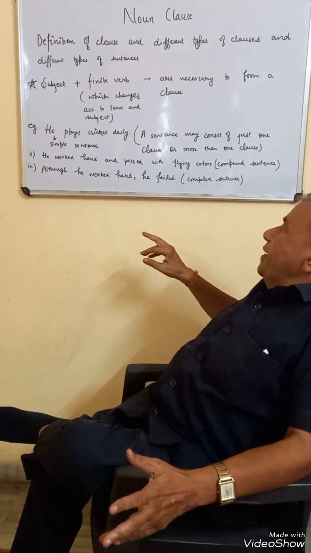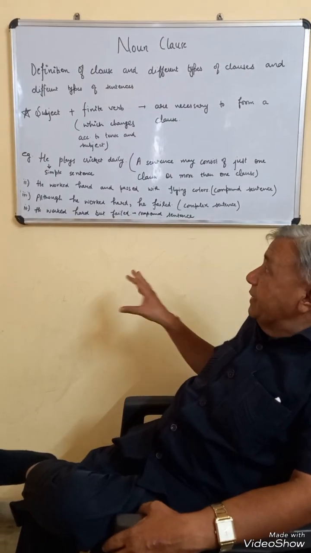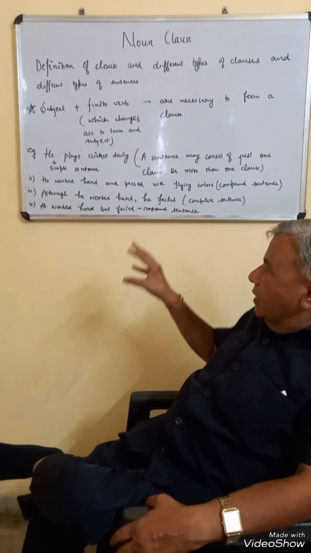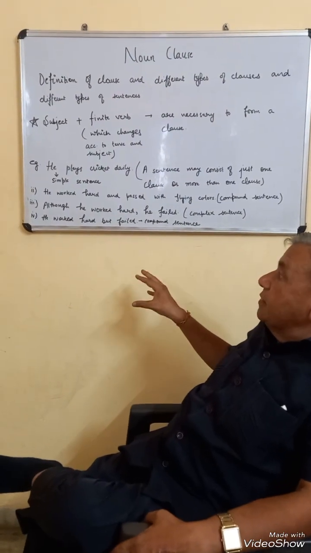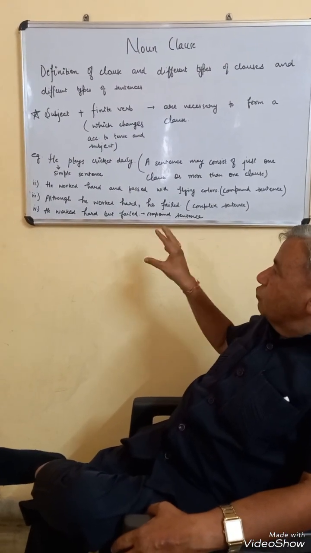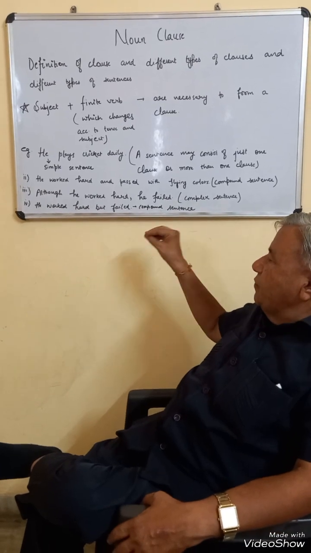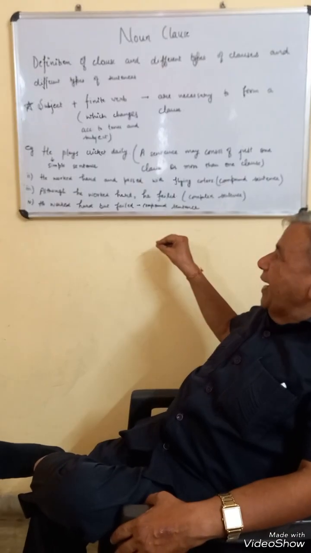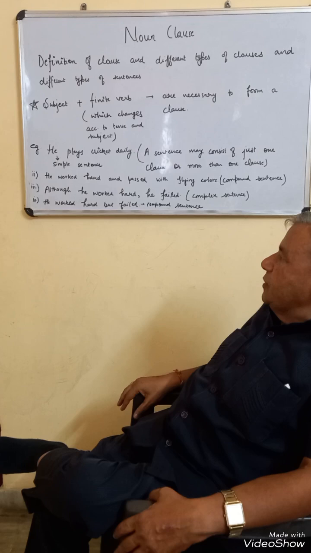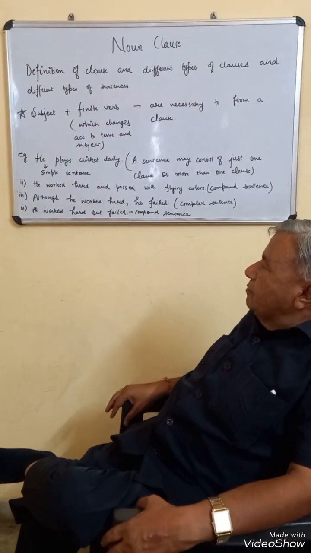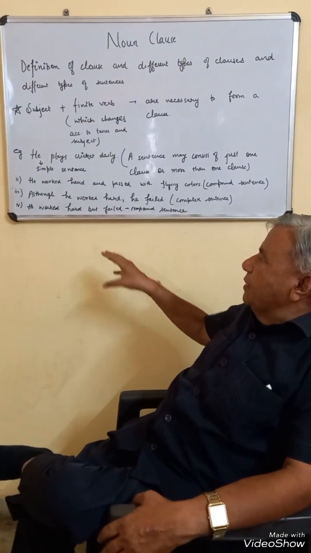In the same way, take two clauses, both independent clauses: he worked hard but failed. He worked hard is one clause, he failed is another clause. These two independent clauses have been connected by the coordinate conjunction but.